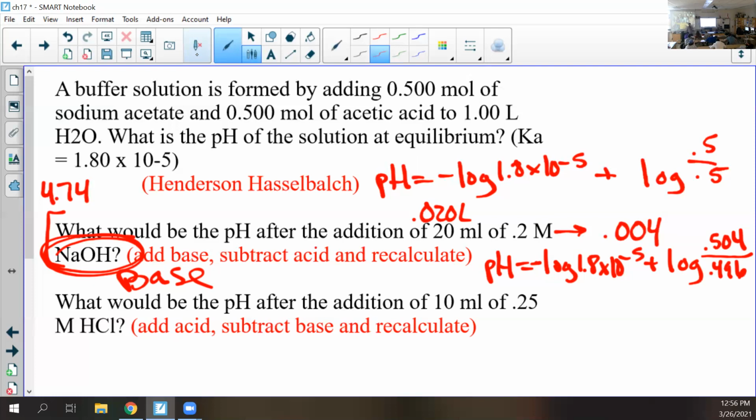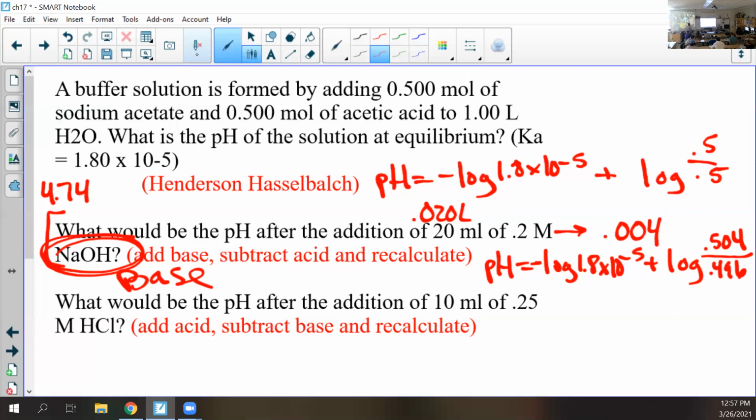Go ahead. Doesn't this kind of fit into your law of 0.7, that it's so small, why would it even make a difference? Yeah, but in a buffer calculation, they want you to know that the buffer is doing such a good job that there is such a little change. Even though we added fairly concentrated base, not a lot of change happened.